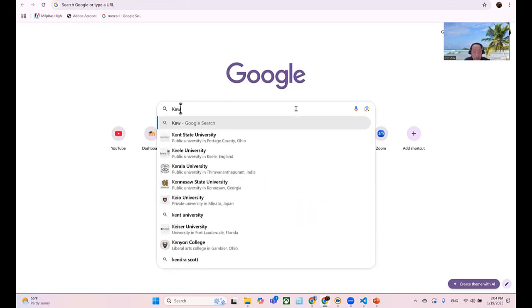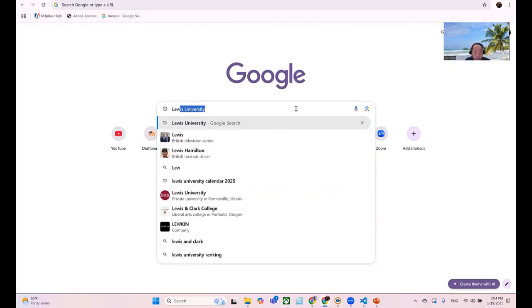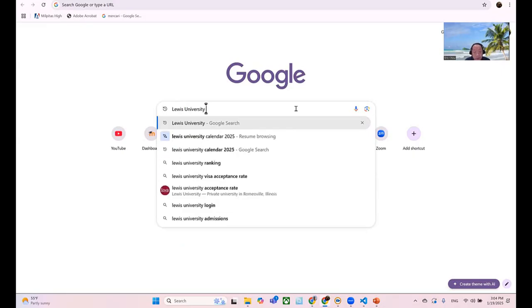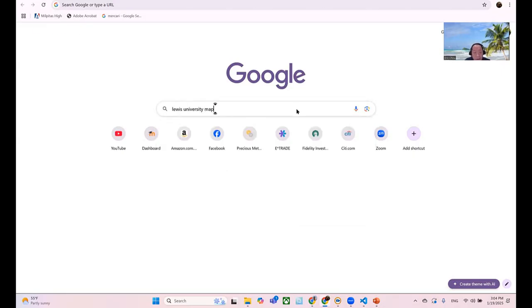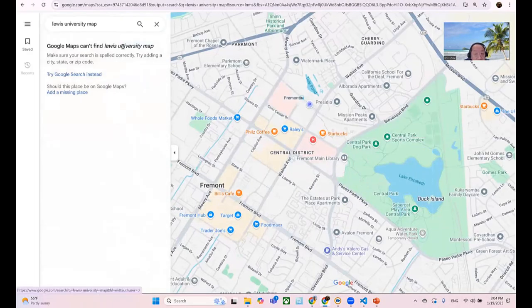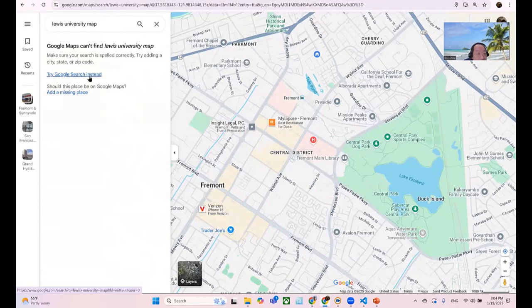Lewis University. Let me actually show it on the map. Let's see, it's a map. No, this is my map.